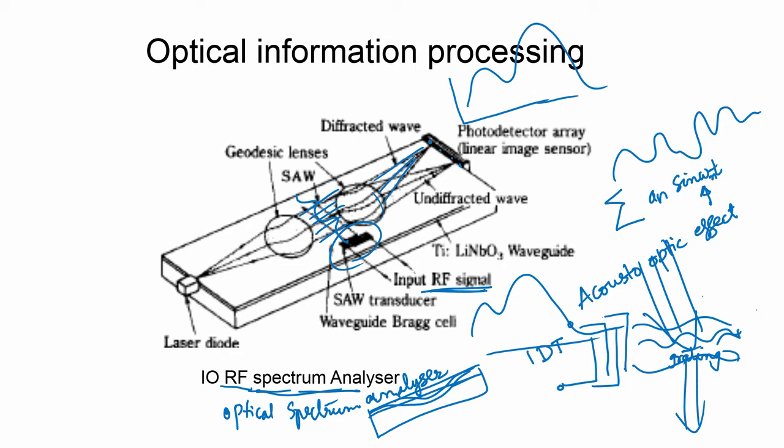In this particular case we fix the RF signal at a constant frequency, and you know the pitch of the grating and so on, and we give the optical signal to be analyzed here, modulated onto the laser diode. We can also say this is a composite optical signal having different colors or frequency components which need to be analyzed.